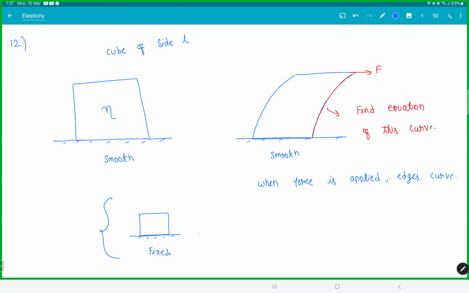If this was fixed, you would have got a straight line, because the tension will be the same everywhere. Because the ground is smooth, the tension will vary at every point, so all will not stretch by the same amount. Think, how will you approach this?